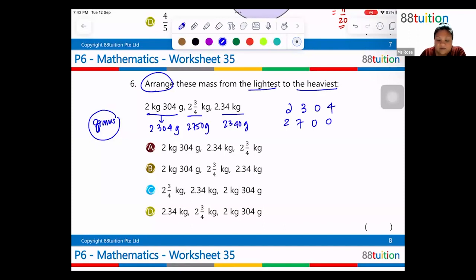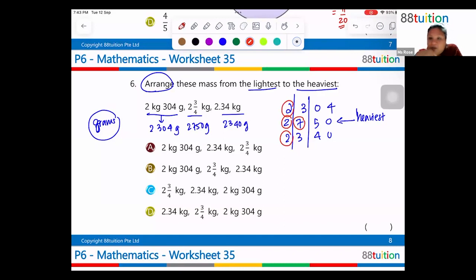Okay, so 2,700 and 2,750 and finally 2,340. So if you look at the place value, clearly this is the greatest or the heaviest. Okay, so this is the heaviest, followed by this. So I compare between the 2 and 7 is the heaviest.